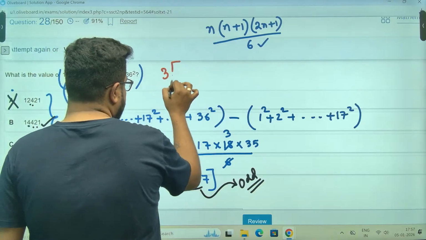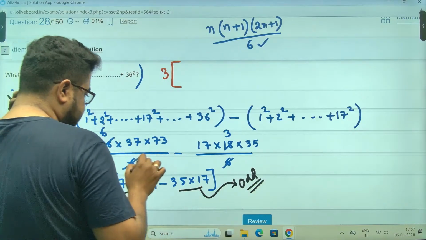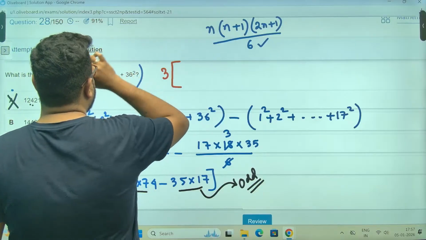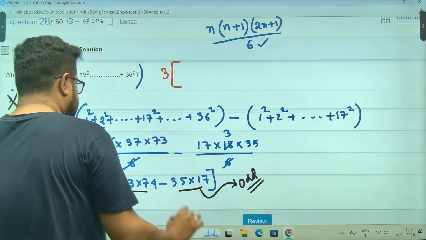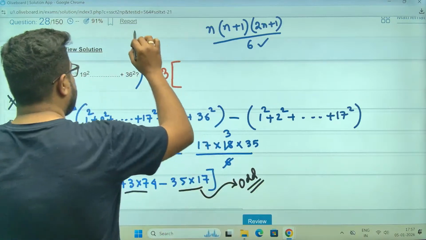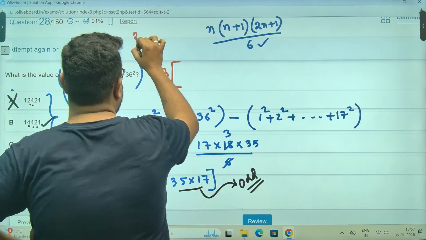3. Now this is 73. I'm taking 73 square. 73 square meaning this is 5329.